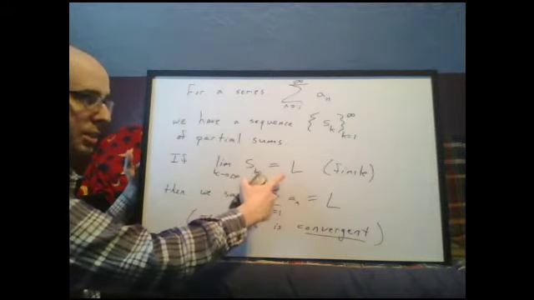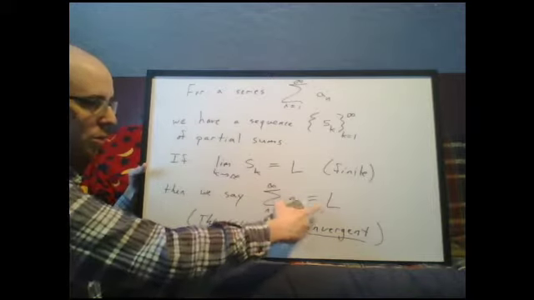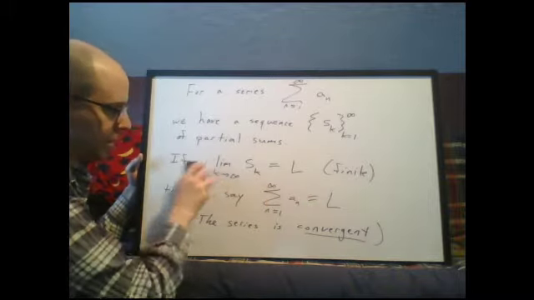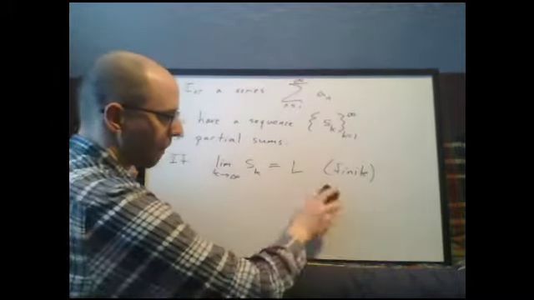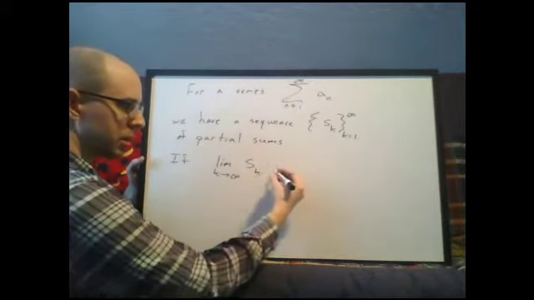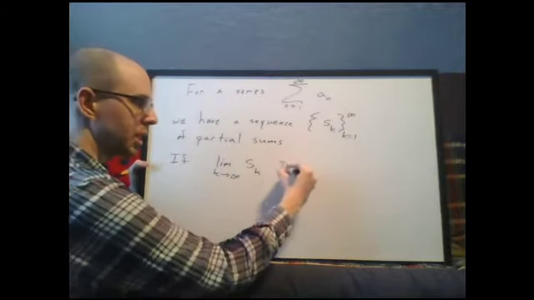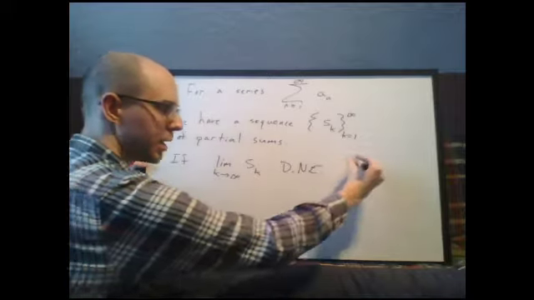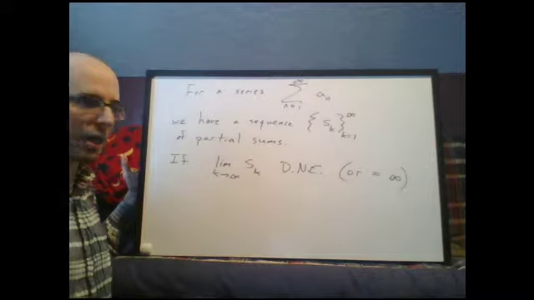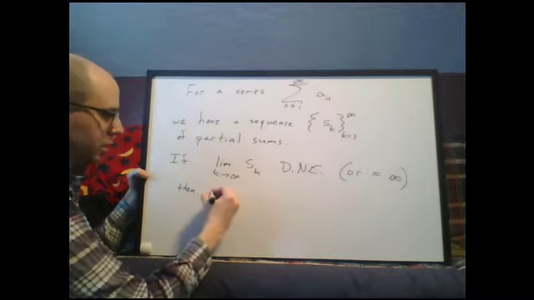If the limit exists, meaning it's a finite answer, then we say the series is convergent and its value is equal to this same L. But if the limit of the sequence of partial sums does not exist, and that includes it equaling infinity, then we say the series is divergent.